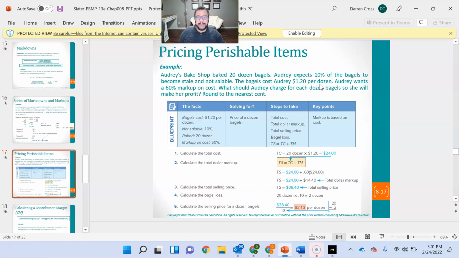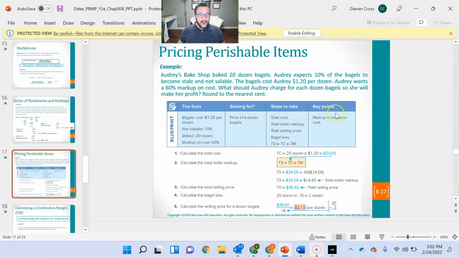Okay, so pricing perishable items. This gets a little bit more complex, okay? What we're doing with pricing perishable items is we're saying things can go bad.